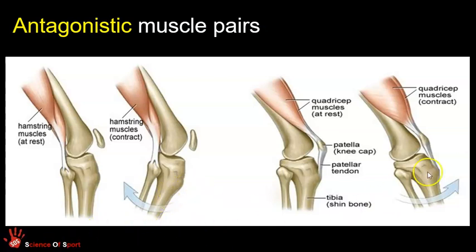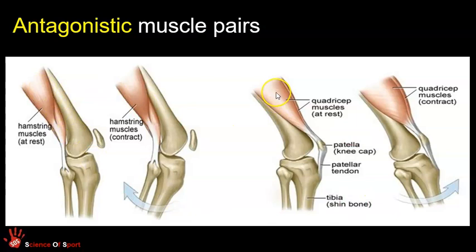In order for this movement to be quite controlled, let's say, and for our lower limb not just to fly forward out of control, we have a partner muscle. So the first principle you need to understand is that skeletal muscles typically work in pairs. And this broadly is called antagonistic pairs, muscle pairs. So the quadriceps partner group is the hamstrings.